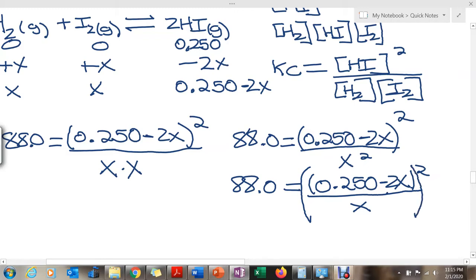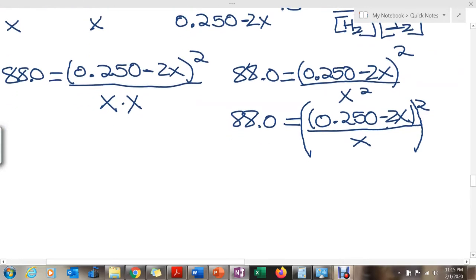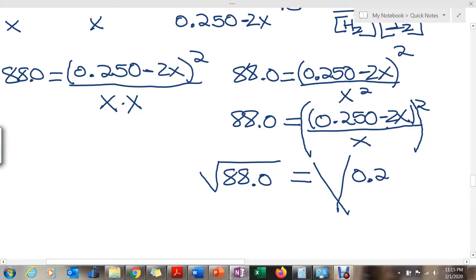If we take the square root, because this is squared, on the left side we get the square root of 88.0, and on the right the square root of (0.250 minus 2x) squared divided by x squared.